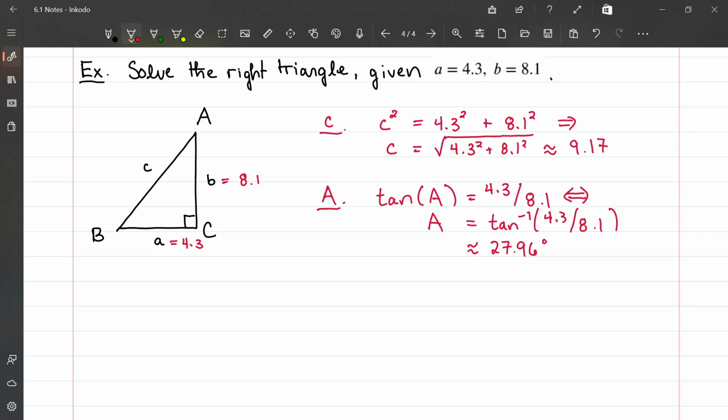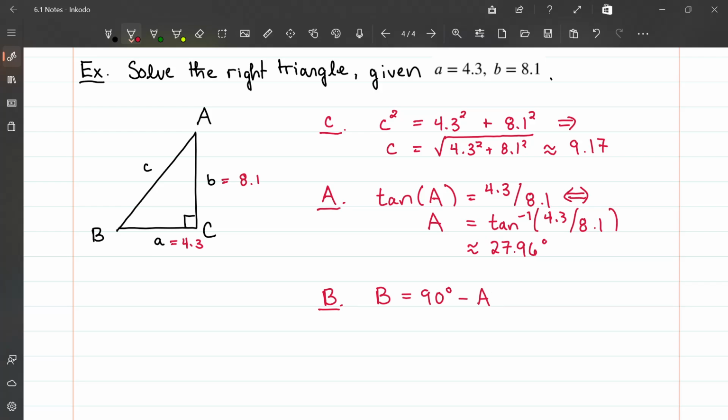Oh, hey, now we know what big A is, so we can find big B because they are going to be complementary angles. So, if I want to find big B, I simply note that big B is equal to 90 degrees minus the angle A, a messy angle, so I'm just writing it symbolically for now.